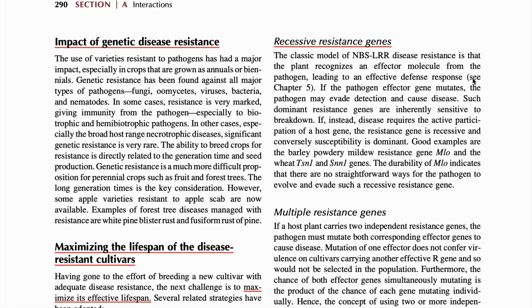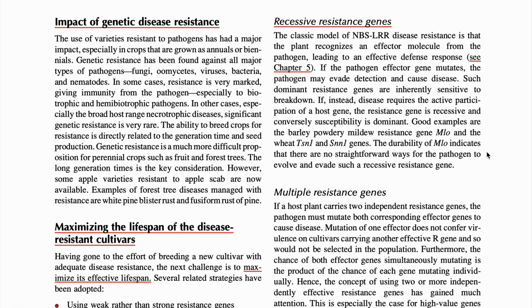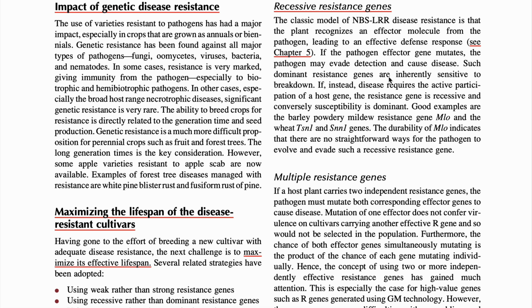Again, you can see this in chapter 5, which is about plant immunity, where every term has been explained, such as effector and NBS-LRR. If the pathogen effector gene mutates, the pathogen may evade detection and cause disease. Such dominant resistance genes are inherently sensitive to breakdown.